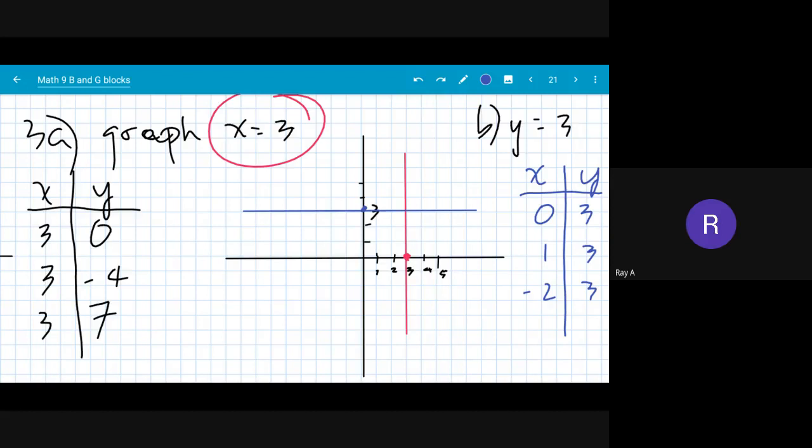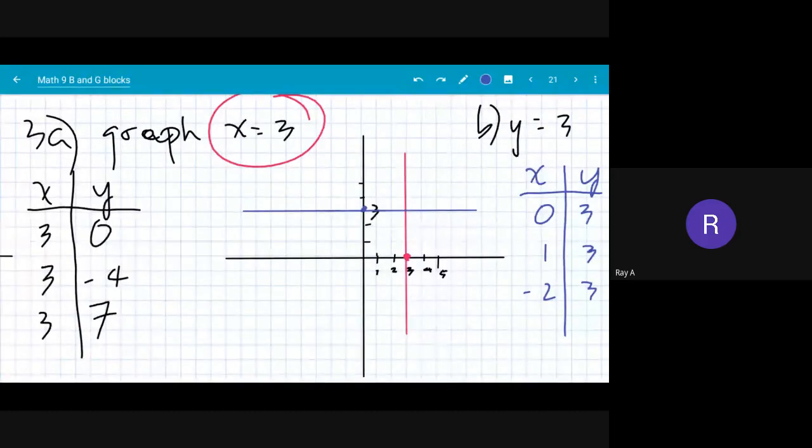Just like what happened in the previous example, it's going to give you a line wherein it is going to pass through the y value. So in summary, if you're graphing an equation wherein you only have the x, there's no y, like here, x is equal to 3, you are going to have a vertical line.